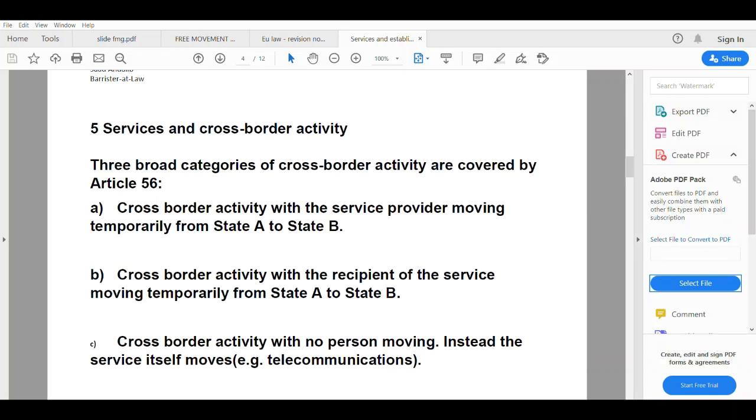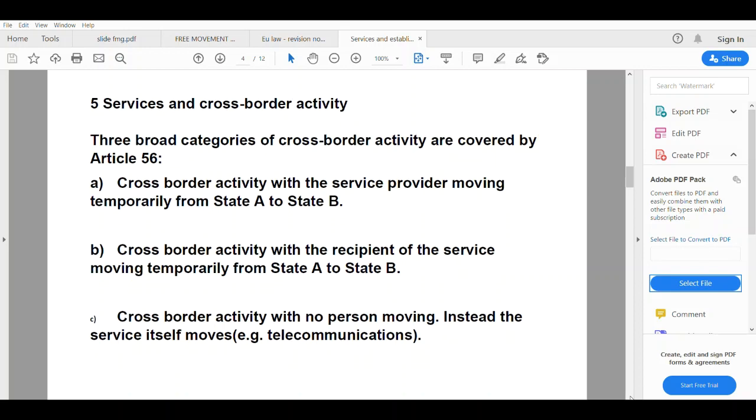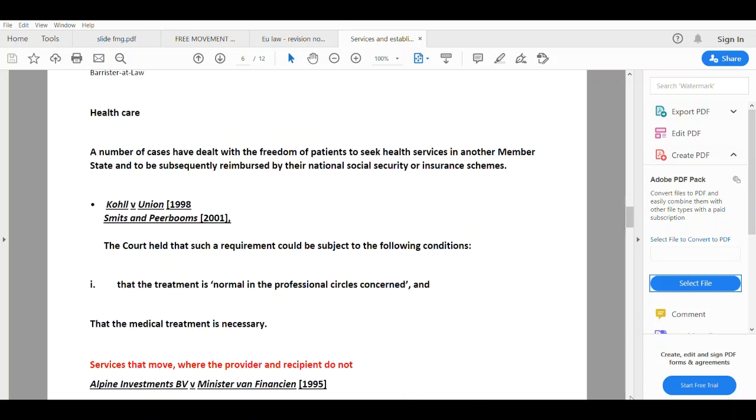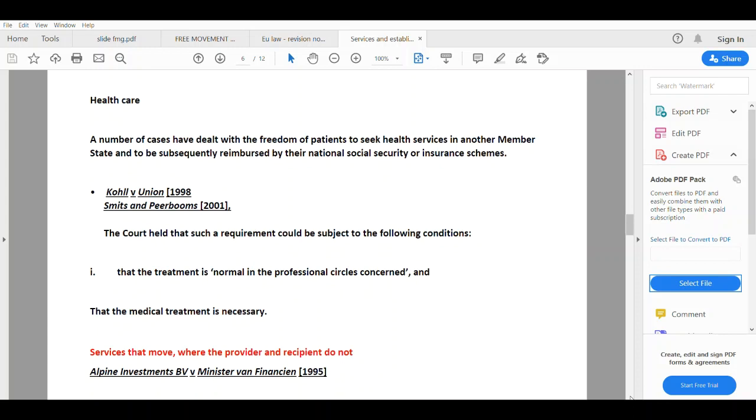Now we will consider a number of cases under the subheading B, which is cross-border activity with the recipient of the service moving temporarily from state A to B. And this concerns healthcare.